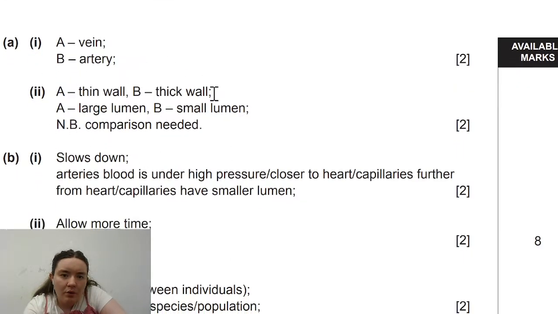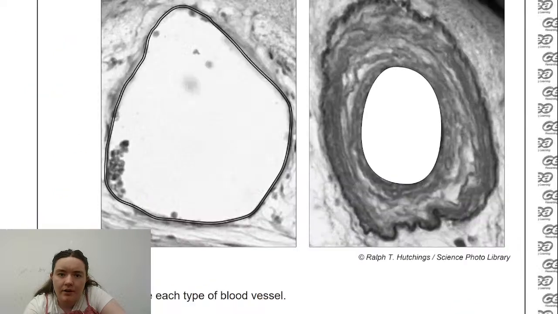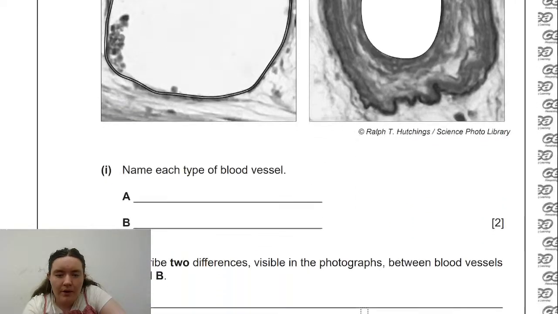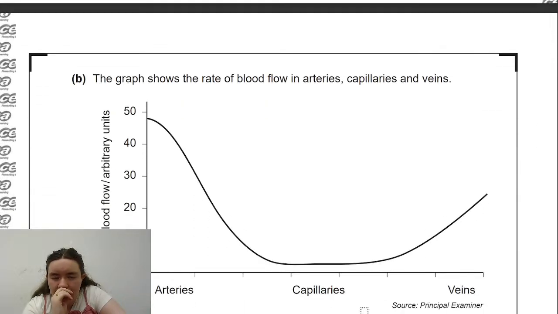So thin wall or thick wall. A has large lumen, B has small lumen. It doesn't actually tell me that. I know somewhere in the back of my brain I know the word for the stuff that makes up the wall, but it is refusing to come to me right now, so I'm just going to continue on with the question.